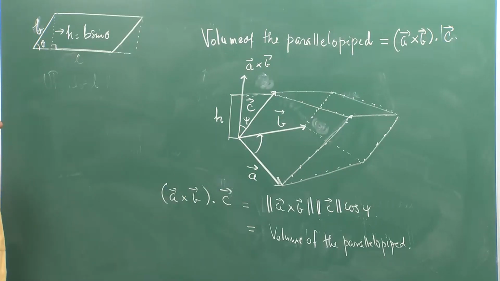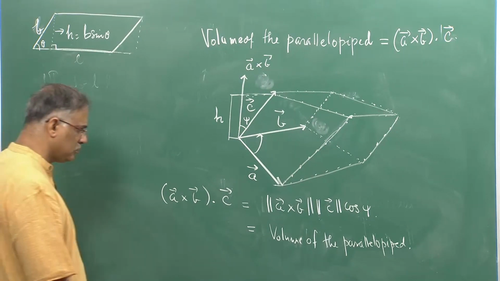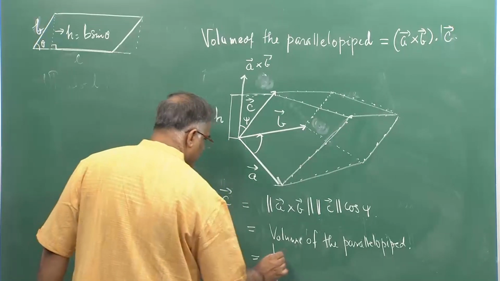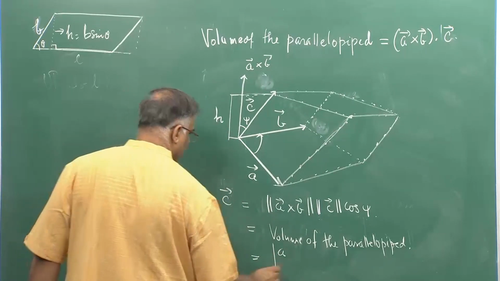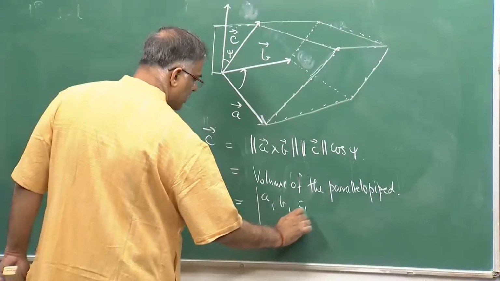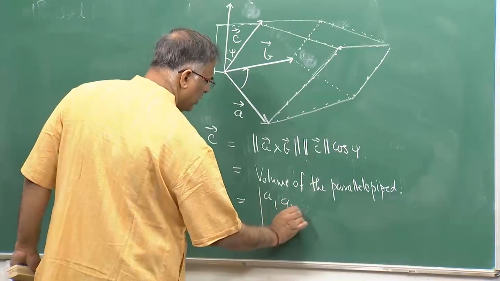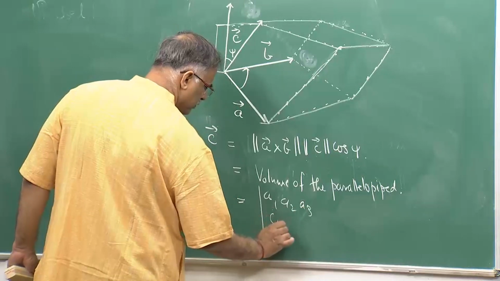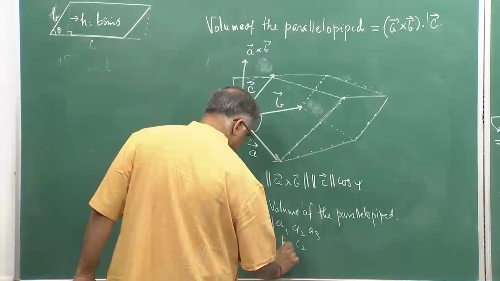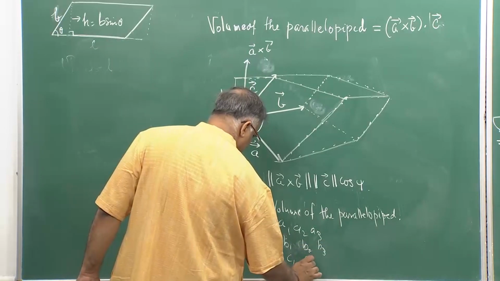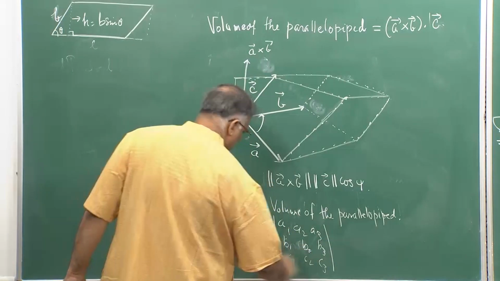And so what is the volume of that parallelepiped? I know what A cross B dot C is. It is the determinant with rows A1 A2 A3, B1 B2 B3 and C1 C2 C3, which I already know, because the triple product is nothing but this determinant.